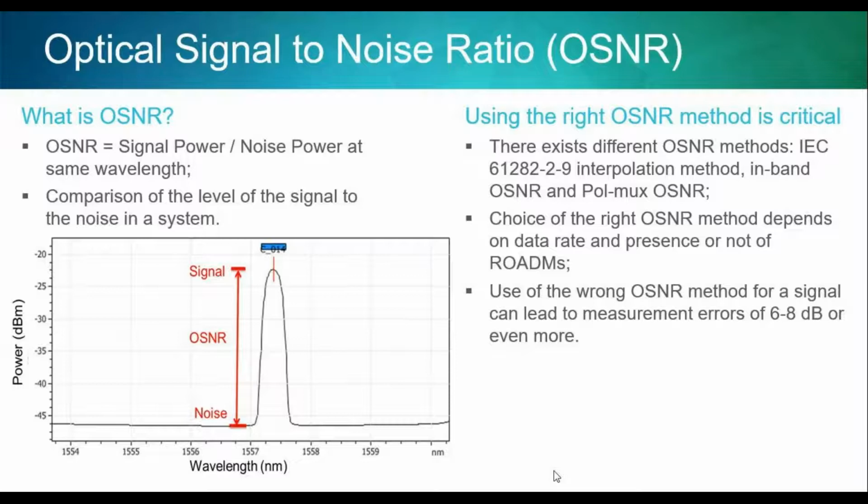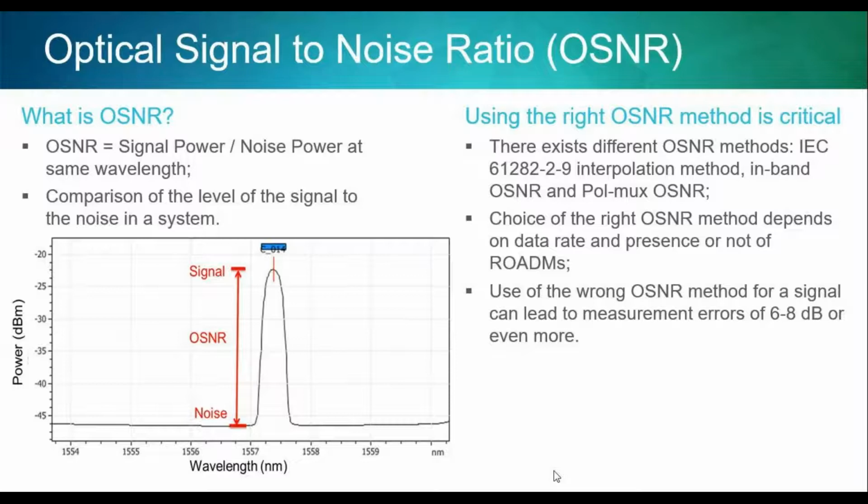If you're using the wrong OSNR method for a specific signal, the error that you can observe can be between 6 and 8 dB, and even more. We had a customer in the Middle East that worked with a third-party company on a system upgrade, and they came to qualify and validate the performance of the system.